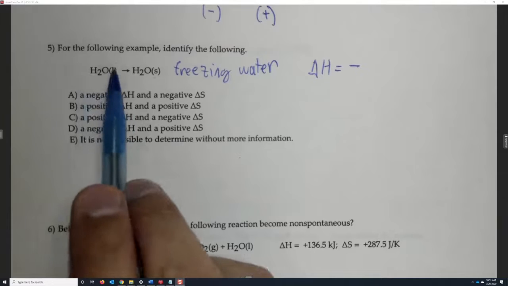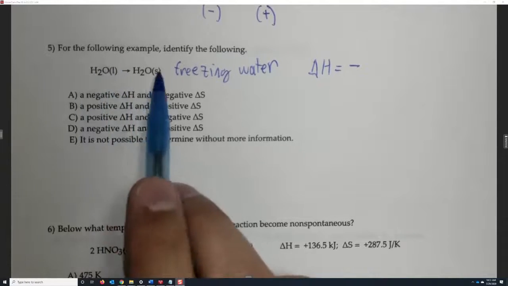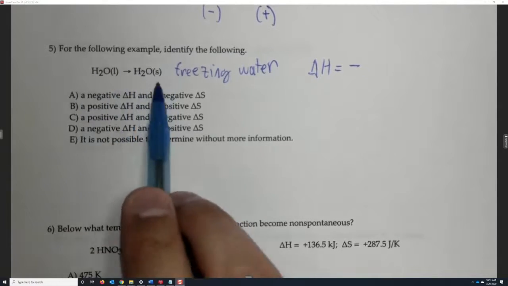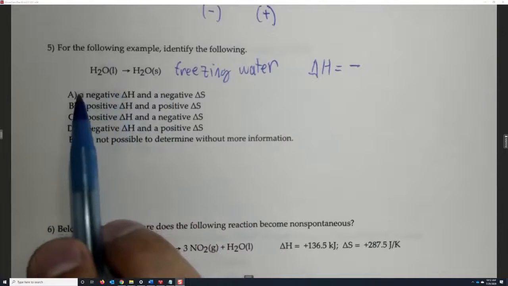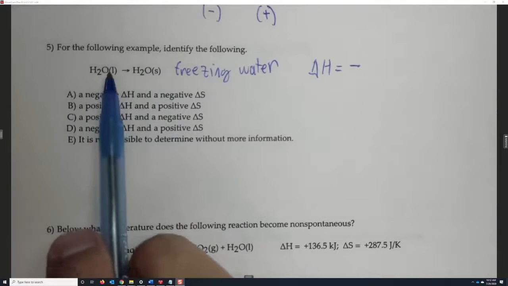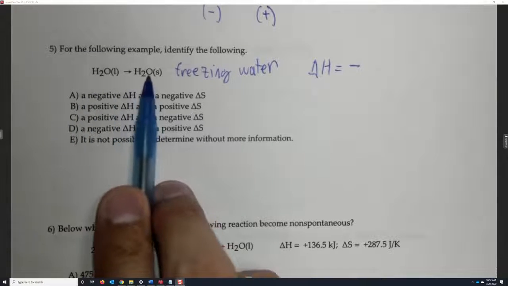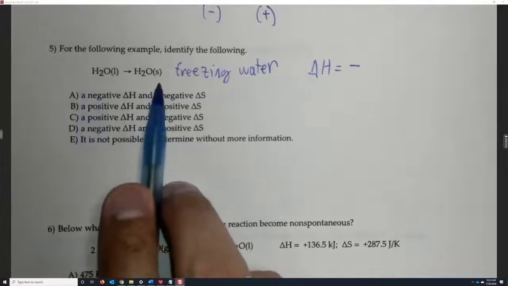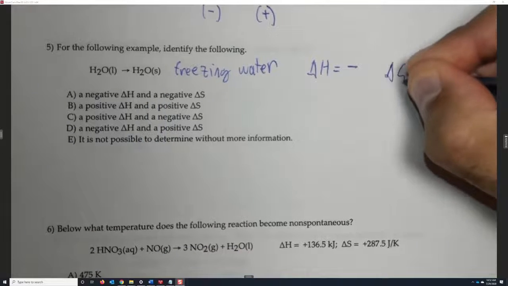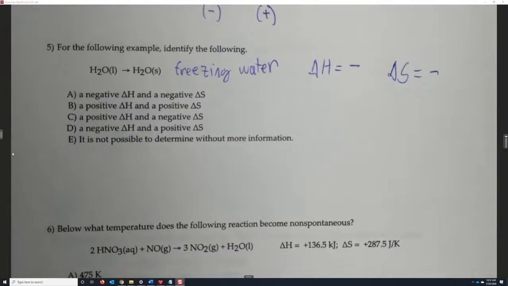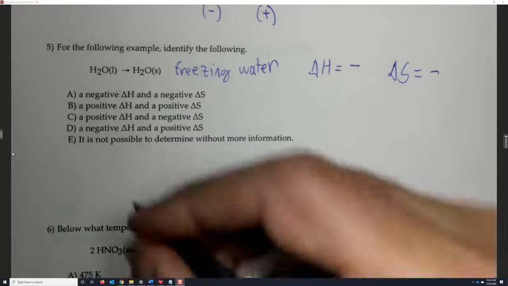So we go from something less ordered to something more ordered. We have decreased the entropy, because this is less ordered and this is more ordered. So we made it less random. So delta S is also negative. That is choice letter A.